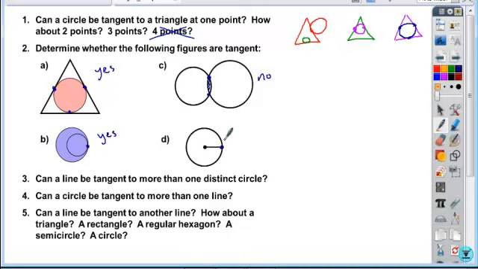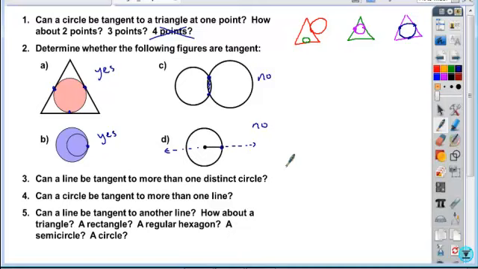But remember, if a one-dimensional element here is tangent to another figure, it has to be part of a tangent line. So if we were to extend this radius or segment into a line, it would cut through this circle. It would have another intersection. So once again, this would not be considered tangent.